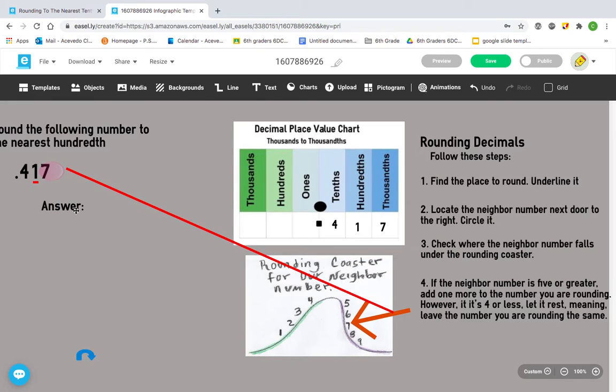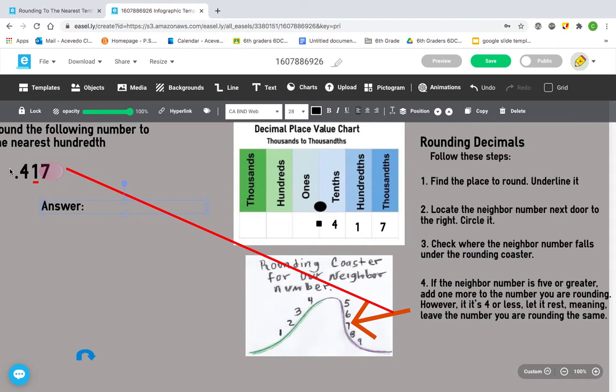It will be raised by 1. So this number, decimal 417, will end up being decimal 42. And that's my answer, decimal 42, which is also read as 42 hundredths.